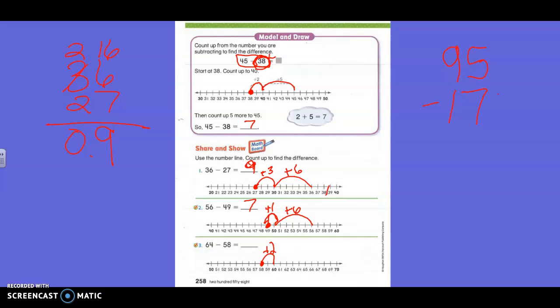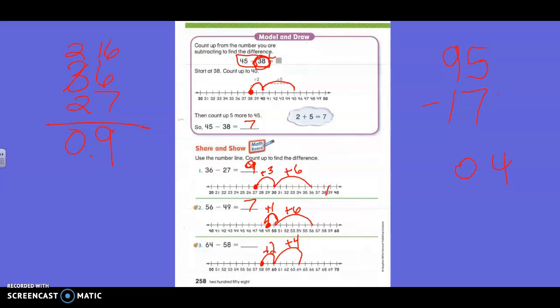Yeah, we want to get to that big number. So how many more am I going to jump? 60 to 64 is how many? Think about that. From 0 to 4 is how many? Grayson? 4. 60 to 64 is jumping 4.